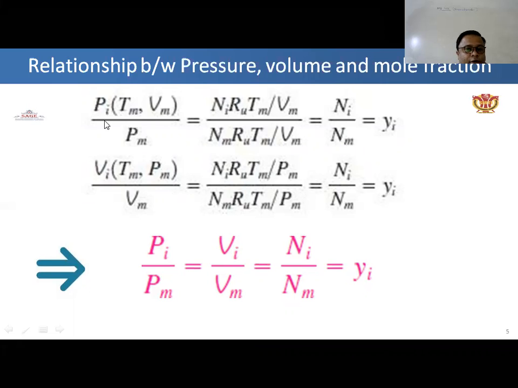Because we know PV is equal to nRT, putting that in gives the relationship in terms of Ni, the number of moles of the individual gas, and Nm, the number of moles of the mixture, which equals Yi, the mole fraction of the particular gas. This is the relationship: Pi by Pm is equal to Vi by Vm is equal to Ni by Nm, which is called Yi, the mole fraction.